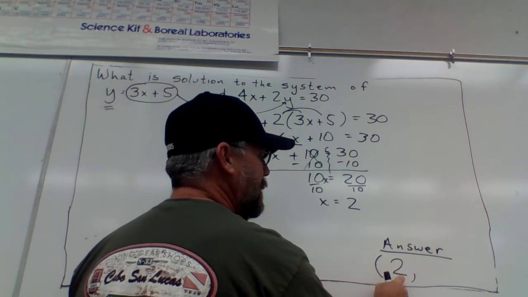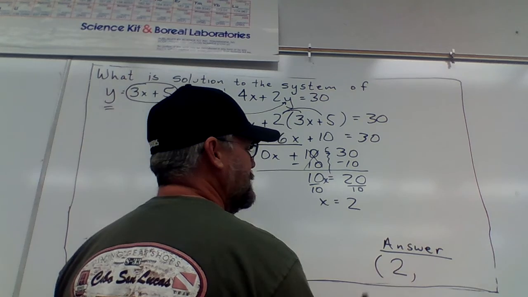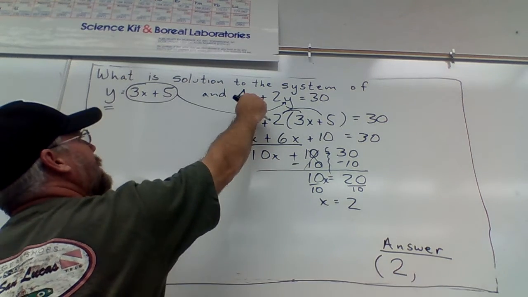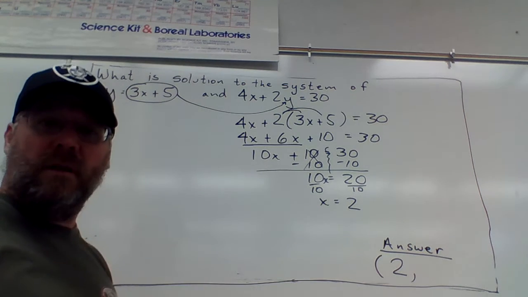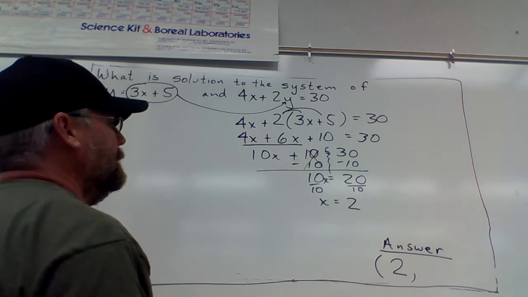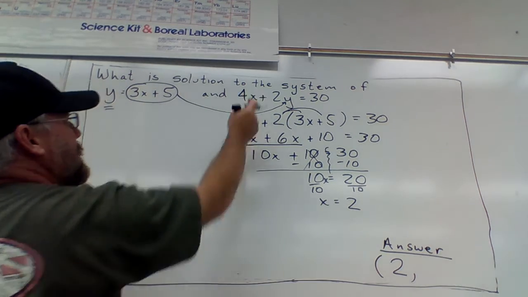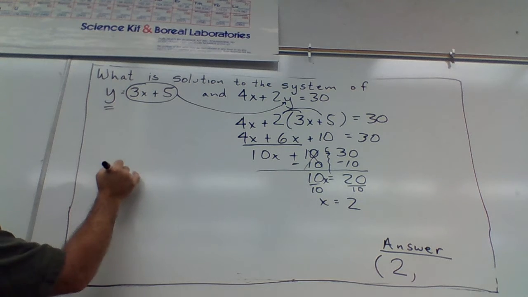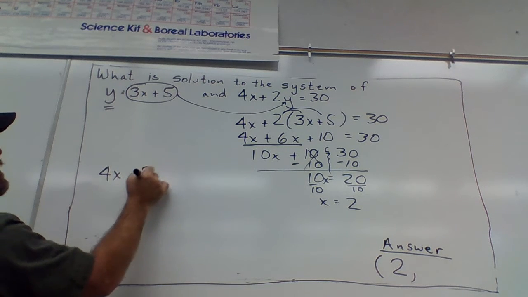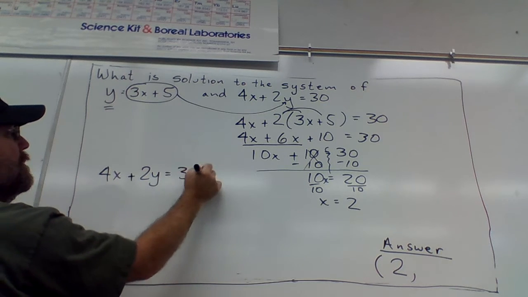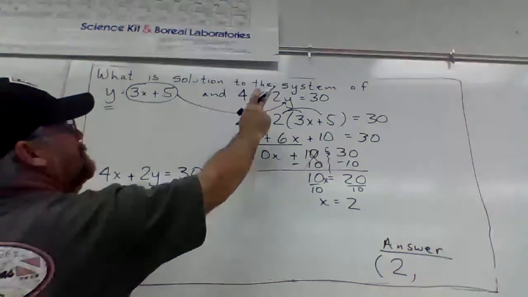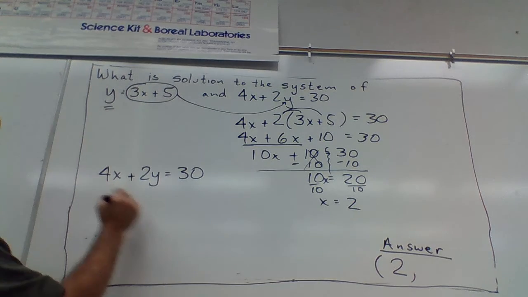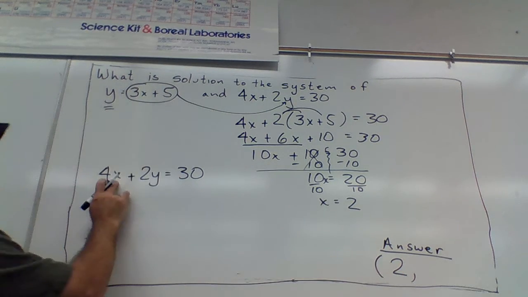But once I know the 2, what I can do is I can take that 2 and either plug it in here or plug it in here and find out what the y is. So what I'm going to do is I'm going to plug it in here. So I have 4x plus 2y equals 30. I'm going to take the 2 for the x and plug it in. Again, my answer 2, plug it in for the x.